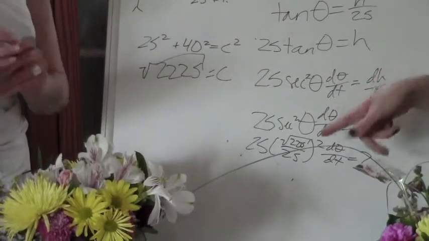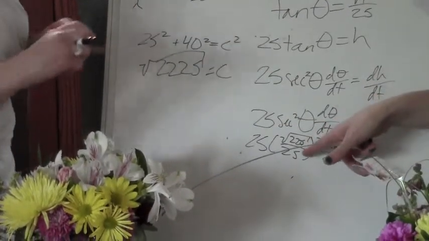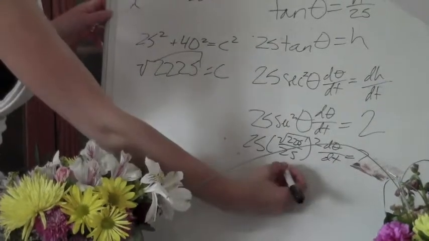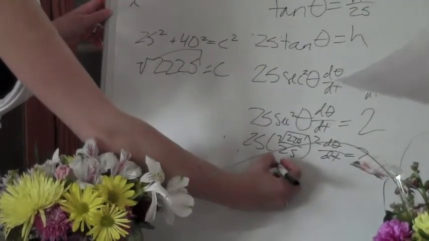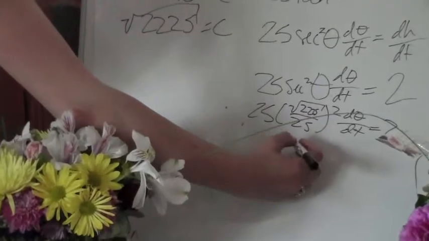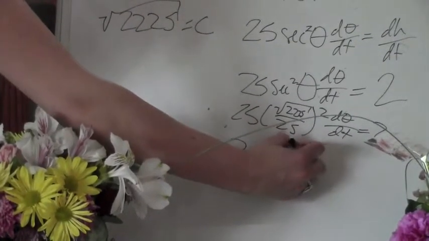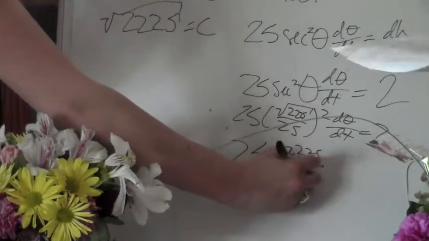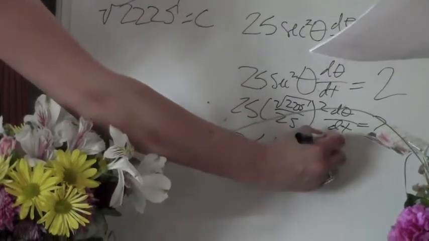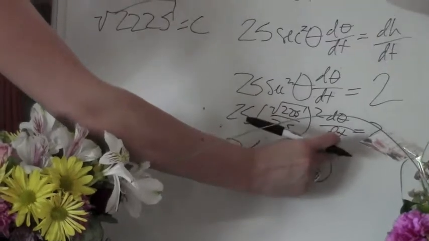And then, since this is squared, it would just be this over 625. This messy handwriting. I'm sorry.